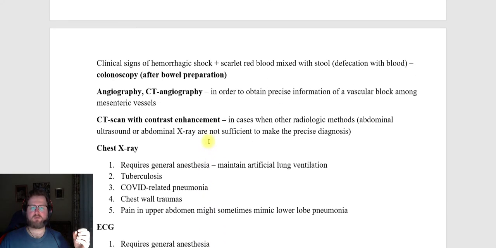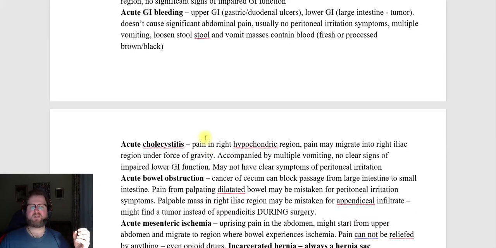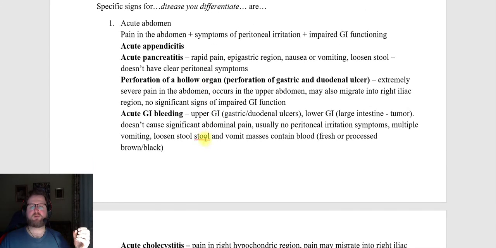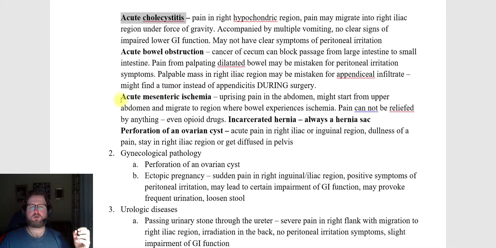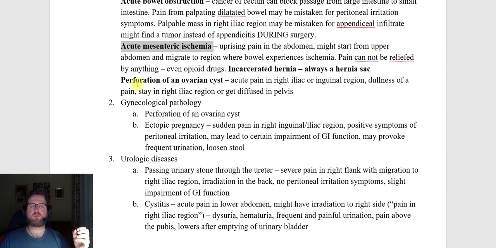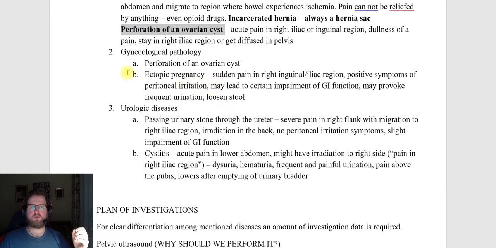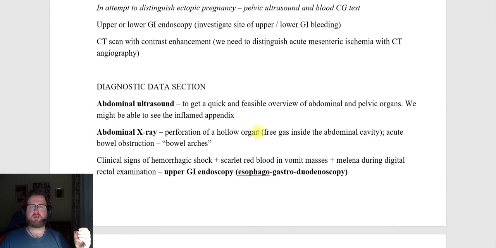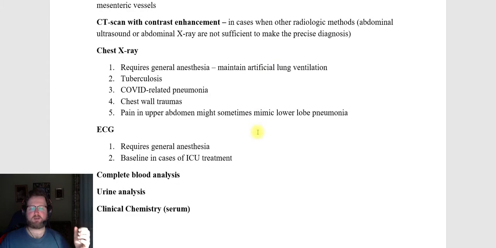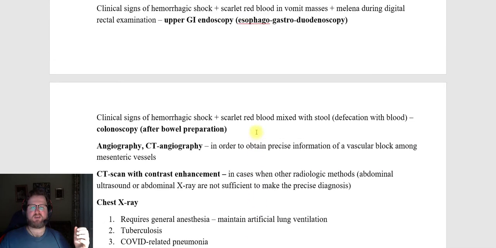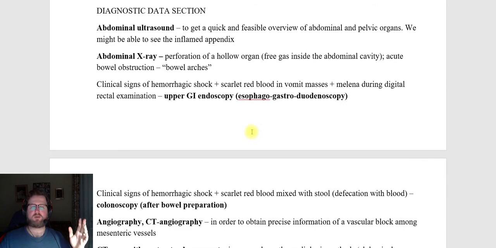And in most cases, these additional diagnostic methods are enough to give some discrimination about each of these diseases which correspond to acute abdomen syndrome. Also, all these methods will cover gynecological and urological diseases which we are differentiating with acute appendicitis. So this might be the enough diagnostic algorithm.